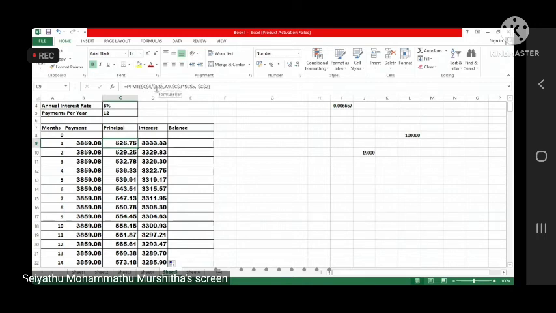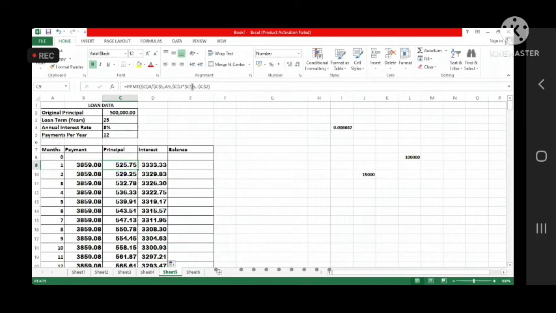Now C4 divided by C5 means annual interest rate divided by number of periods. Then the particular period. Then total number of periods, that means number of years multiplied by payment per year, then minus principal amount. So we have the same thing, but what is different? Here PPMT, here IPMT. Okay. Understood?